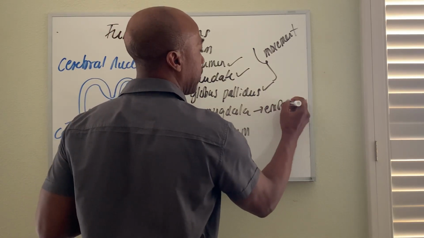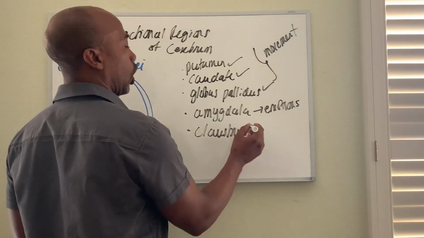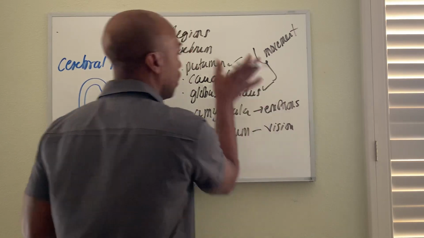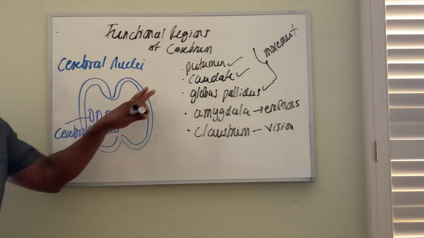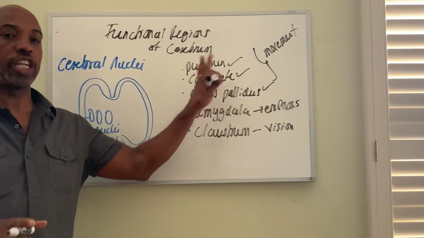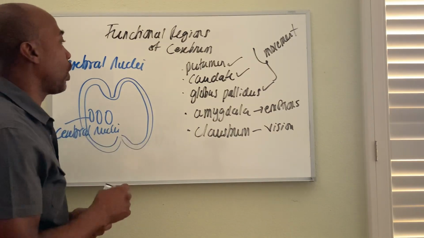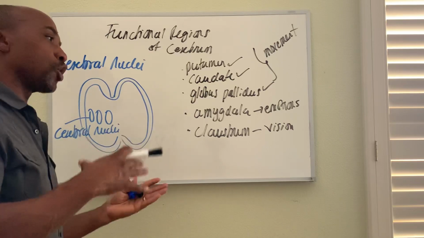It helps to generate emotions, especially fear, even anger. The claustrum is involved in vision. So just know these names of the five different cerebral nuclei and what they're involved in, in terms of general functions.